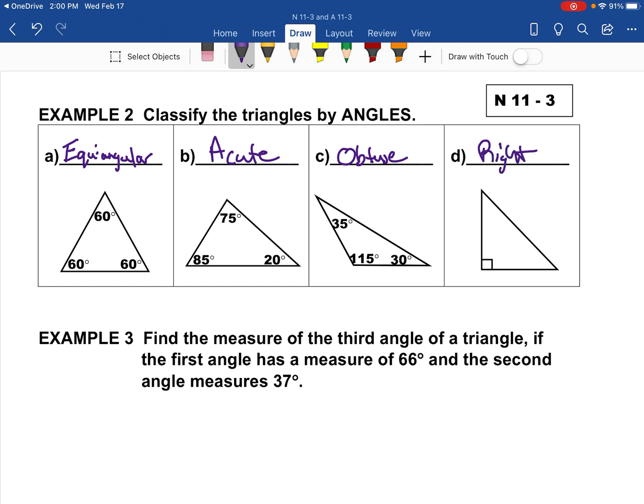First one is equiangular. Second one is an acute triangle. Third one is an obtuse triangle. And the last one is a right triangle.